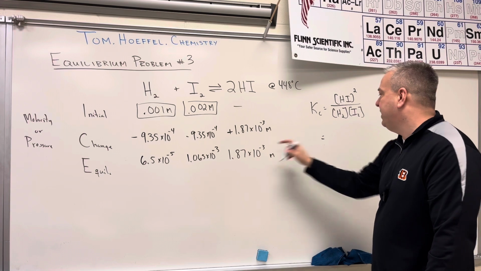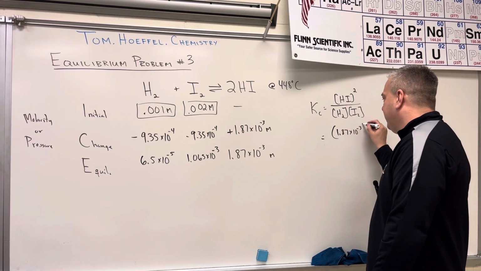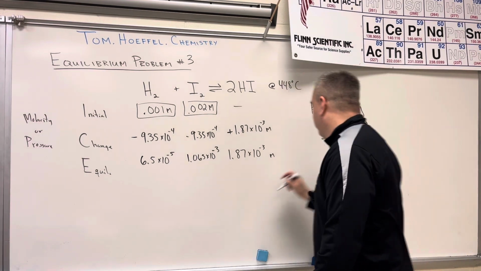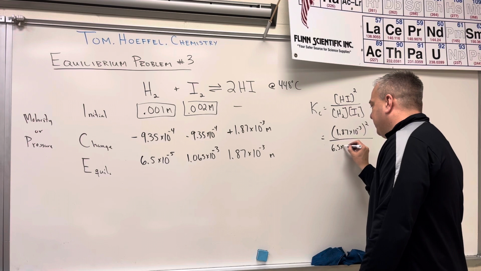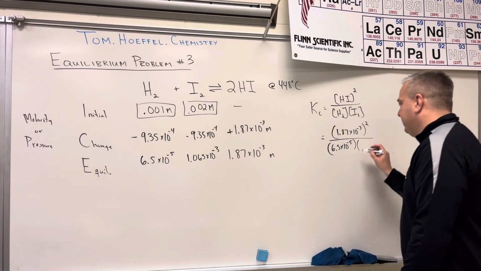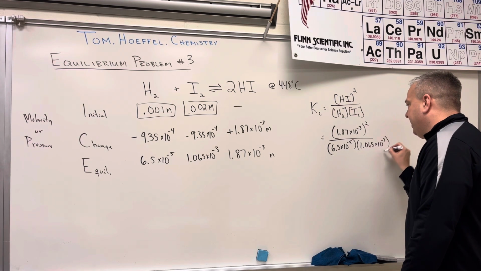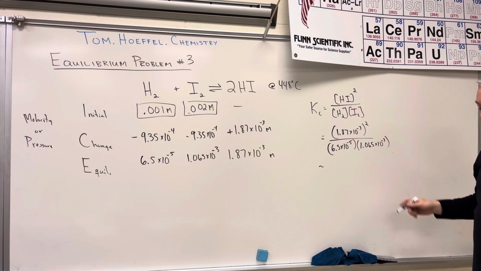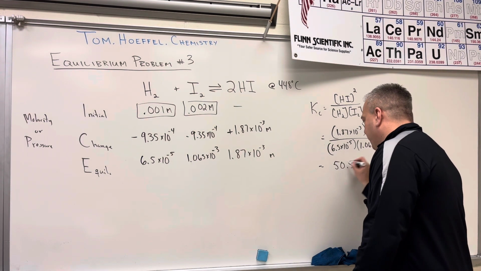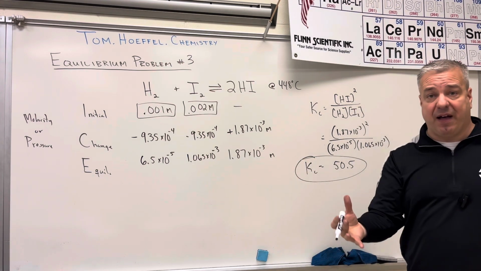HI is 1.87 times 10 to the negative 3, and we're squaring that. And then we're going to take 6.5 times 10 to the negative 5, and 1.065 times 10 to the negative 3. And when we plug all of this into our calculator, we get the number of 50.5 for the K sub C value. I hope you got that number.